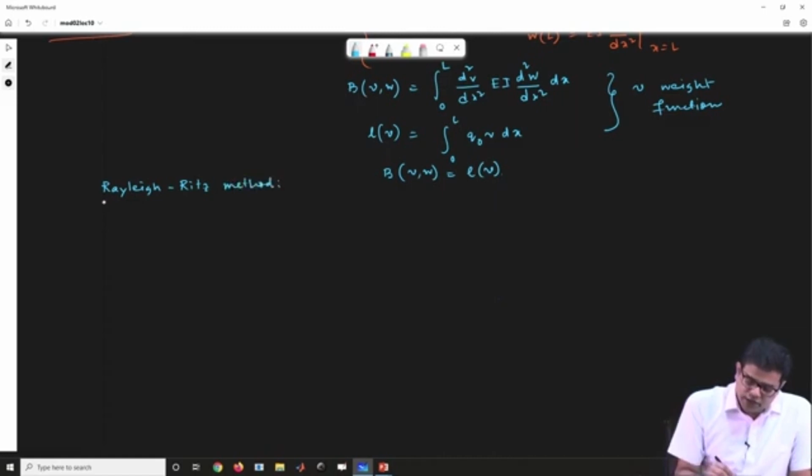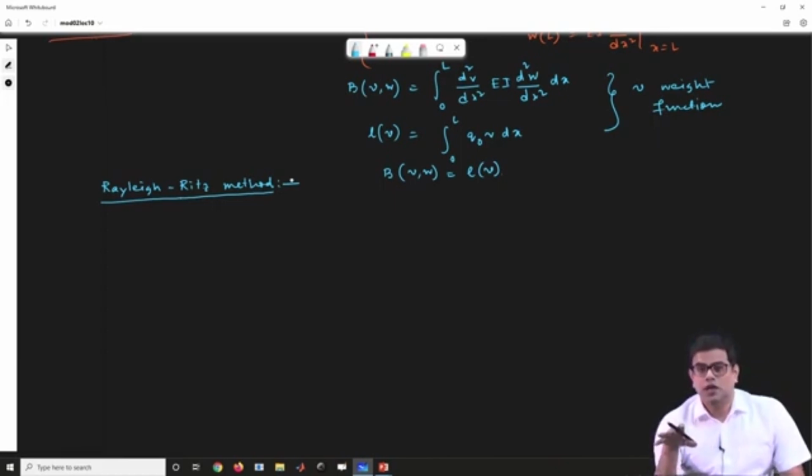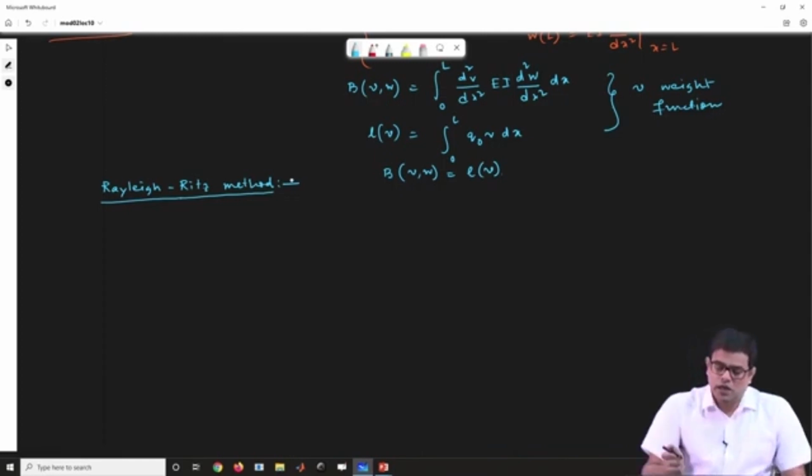So the main objective here is to find the approximate solution of the problem. Even though the problems we are discussing can be solved exactly, our objective is to learn how to construct an approximate solution. As we know, we need not have an exact solution for all problems involving complicated geometry and boundary conditions.